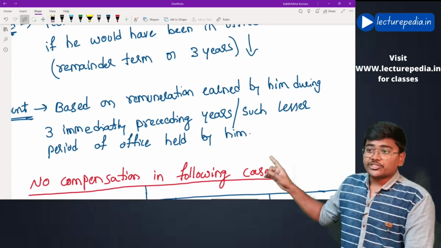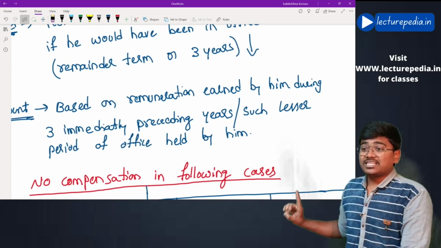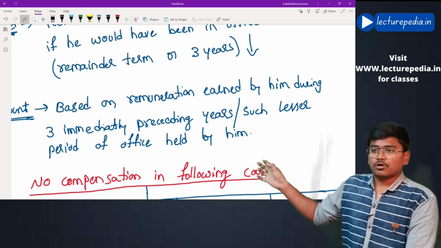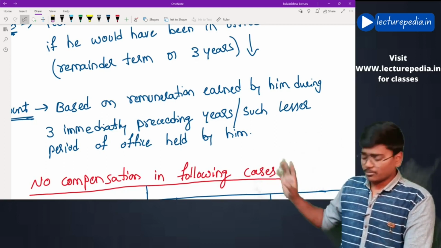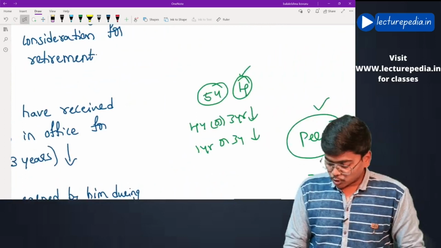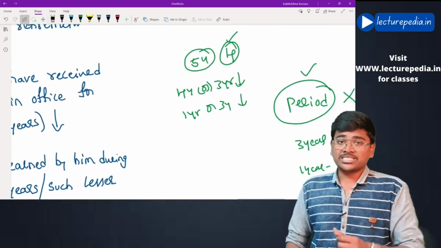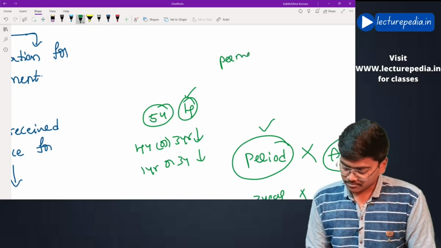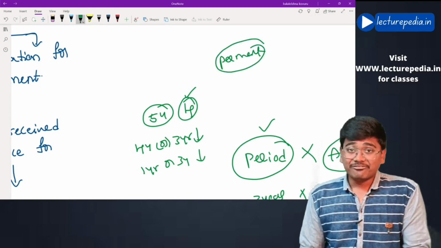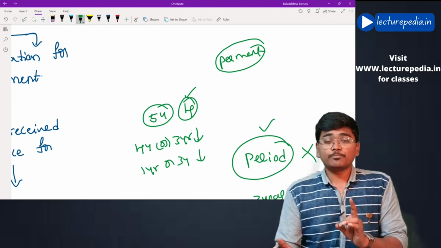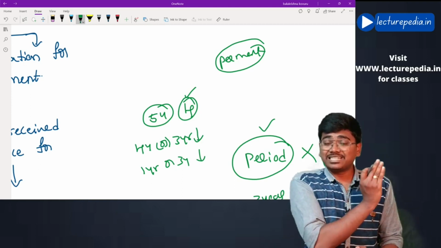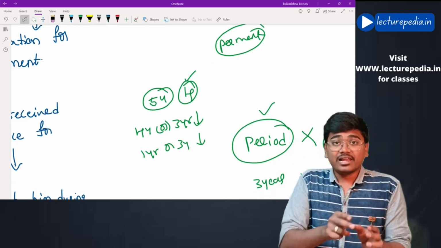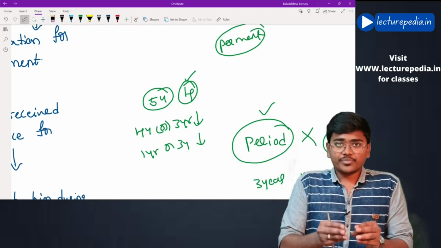Based on remuneration earned by him during the 3 immediately preceding years or lesser period of such office held by him. See, during his office, he would have received some remuneration per month. The average of remuneration that he has received during the preceding 3 financial years, or if he has held the office for less than 3 years, then such lesser period.